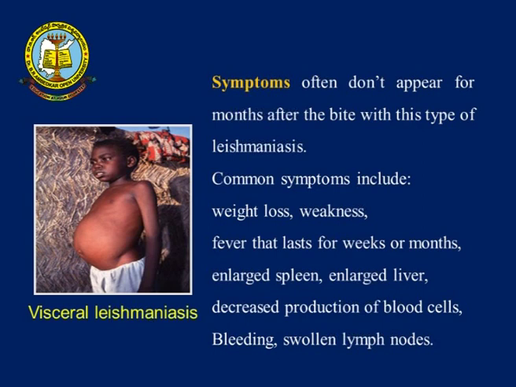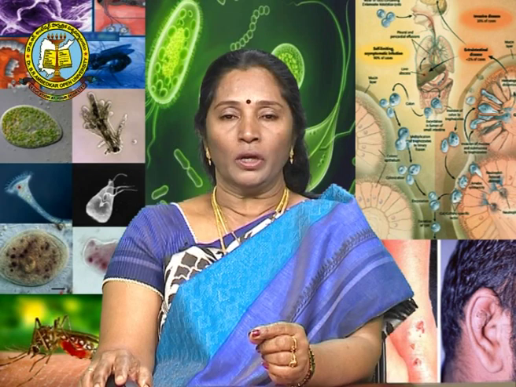Though this person is malnourished, the stomach looks as if he is eating lots of food, but no, because this is what creates the enlargement in the liver and the spleen of the infected person, and sometimes decreased blood cells, bleeding, and swollen lymph nodes. Because of the swollen lymph nodes, there is also an increase in the size of those visceral organs. That was about Leishmaniasis.